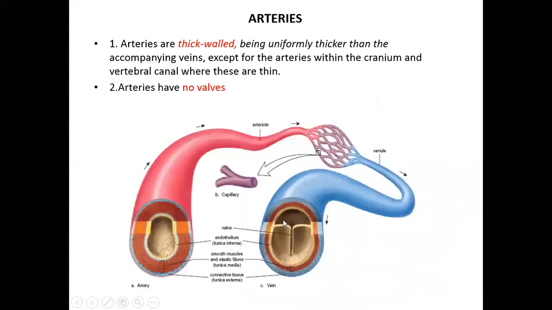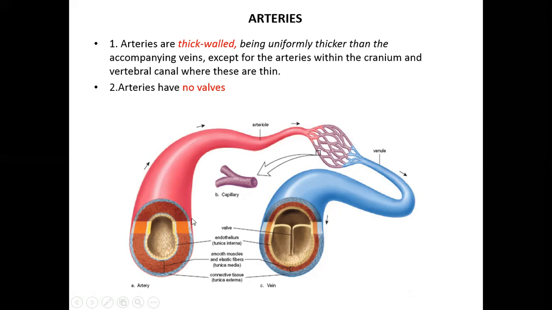Now, arteries are thick wall structures, which are thicker than the veins. But there are some exceptions where the artery thickness is less, in the cranium and vertebral canal. Arteries have no valves, whereas this picture shows a vein, where the thickness of the wall can be compared.